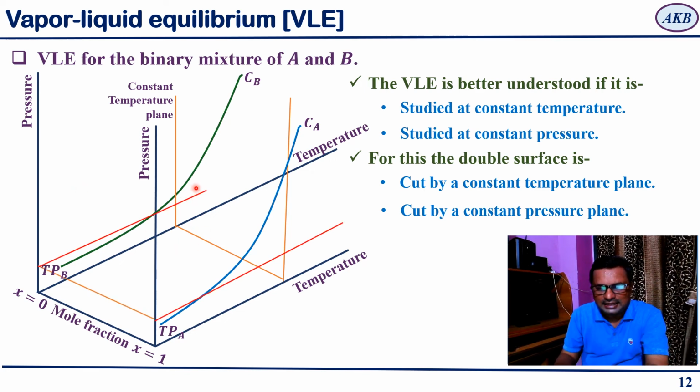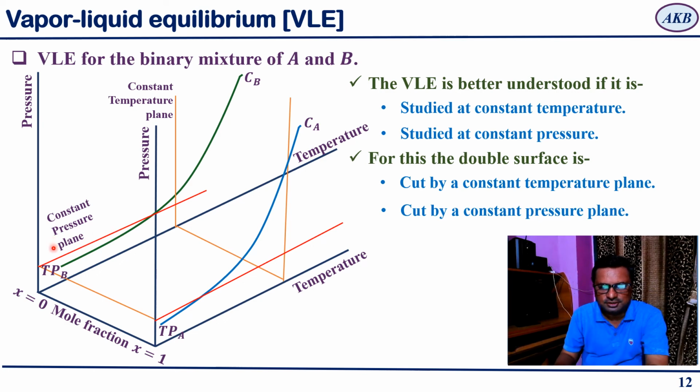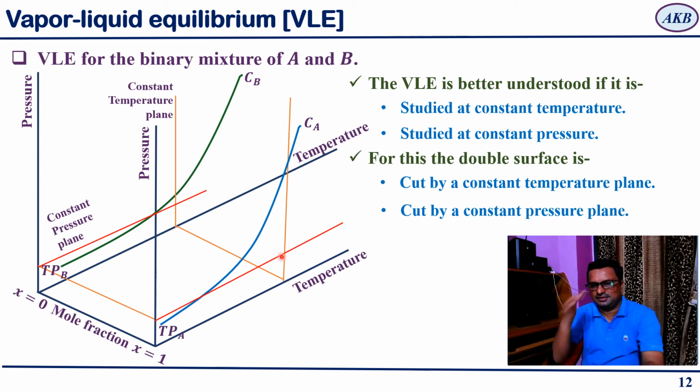And then by using a constant pressure plane, this plane is parallel to the temperature axis, and therefore it is a constant pressure plane. So if you cut the double surface by a constant pressure plane, you can study it at constant pressure.